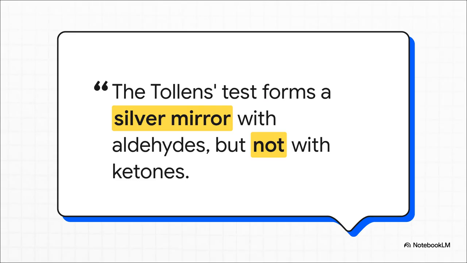Now for what is, hands down, the coolest looking test in the playbook, the Tollens test. People call this the silver mirror test, and for a very good reason. When you add an aldehyde to the Tollens reagent, a chemical reaction happens that actually creates pure metallic silver. And that silver coats the inside of the glass, forming a perfect, shiny mirror. It's an absolutely unmistakable sign you have an aldehyde. A ketone, once again, does not.